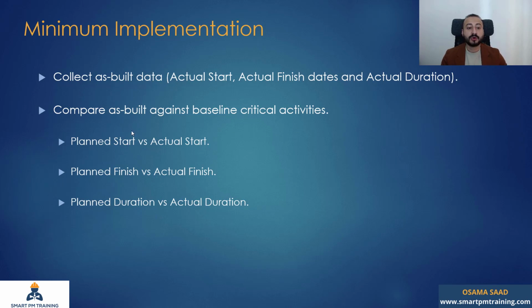The planned start of critical activities against the actual start. Planned finish versus actual finish, planned duration against the actual duration. You want to also consider any extension of time that has been granted during the process. And I'm going to explain why in a second.